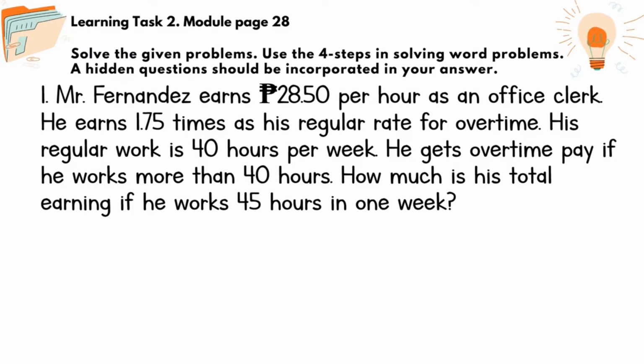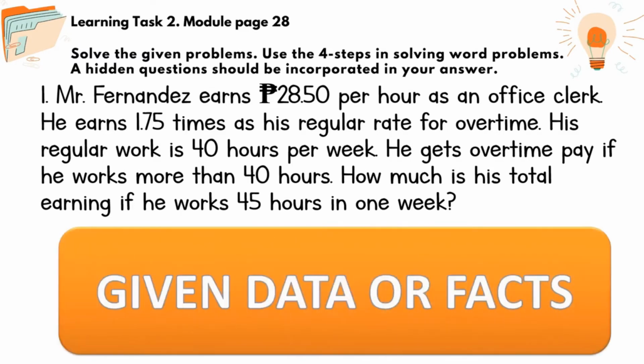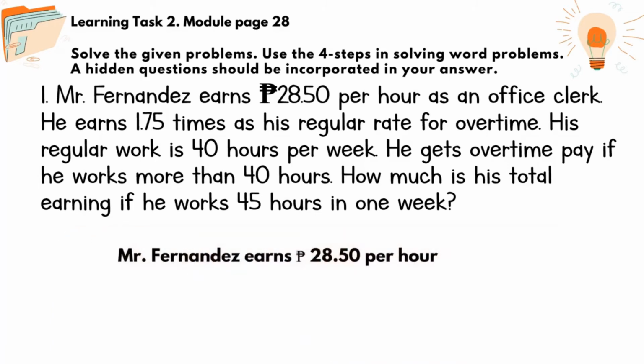So we are going to use the 4 steps in solving word problems. Step number 1 is to understand the given data or facts in the word problem. First, Mr. Fernandez earns 28 pesos and 50 centavos per hour.